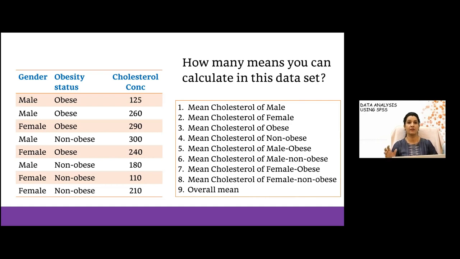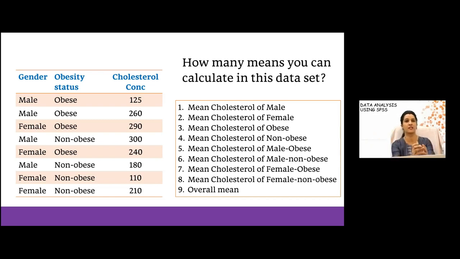And again, there will be various other combinations, like the mean cholesterol of male and mean cholesterol of female. Then mean cholesterol of obese and mean cholesterol of non-obese. Then mean cholesterol of all those 4 combinations, right? So you will calculate across gender, across obesity status, then the mean of combinations: male obese, male non-obese, female obese, female non-obese, and then the overall mean. So there will be a total of 9 means.